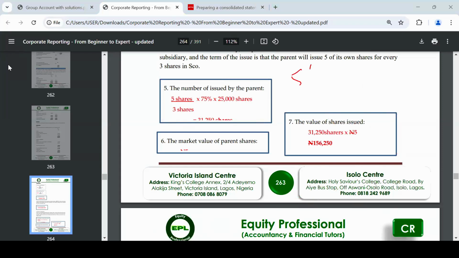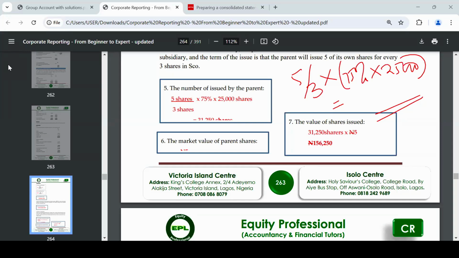I'll say 5 for every 3 of 75% out of 25,000 shares, meaning that this number of shares is what PICO will give in exchange for acquiring Abi.